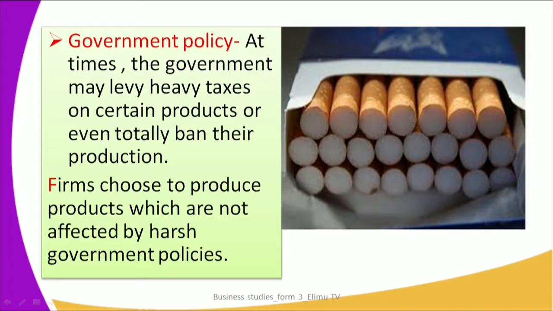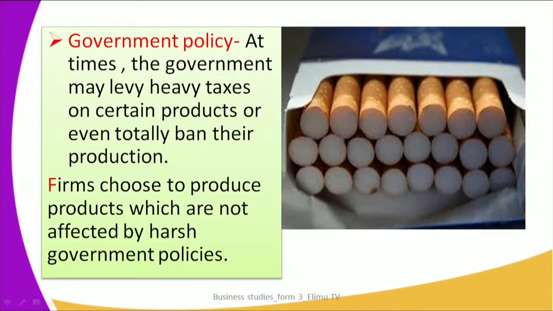A very good example is the tax levied on alcohol as well as cigarettes. So farms should choose to produce products which are not affected by harsh government policies.